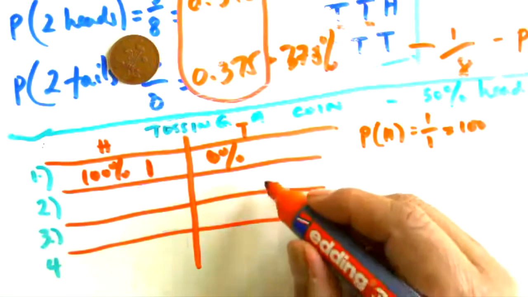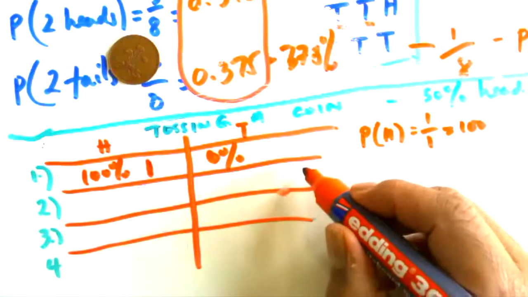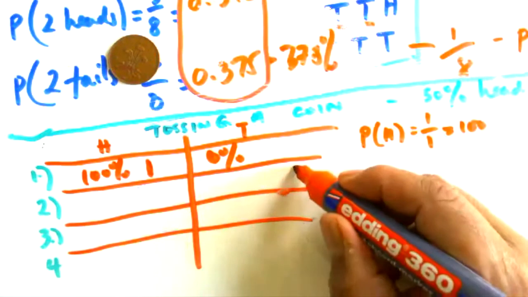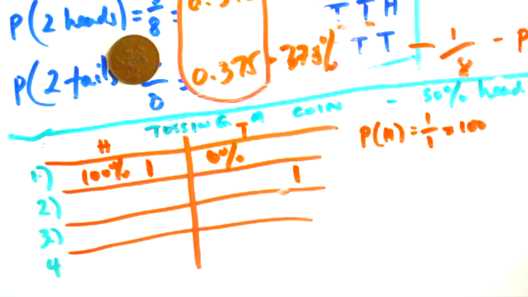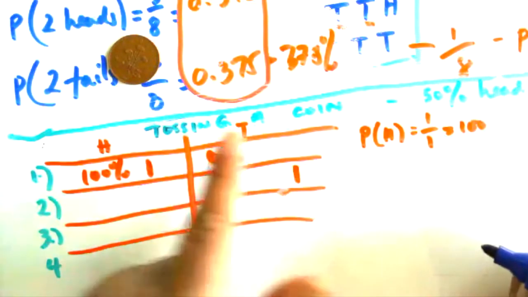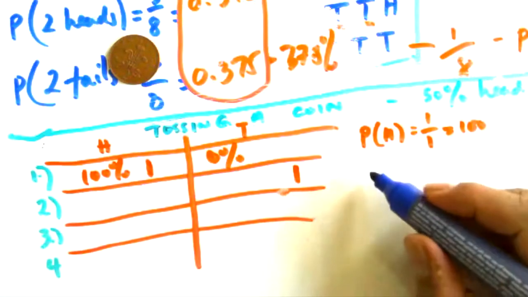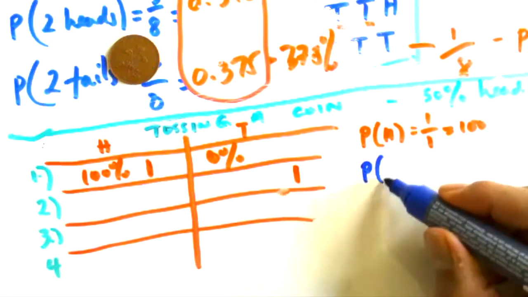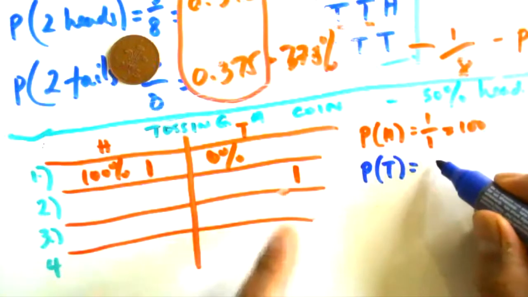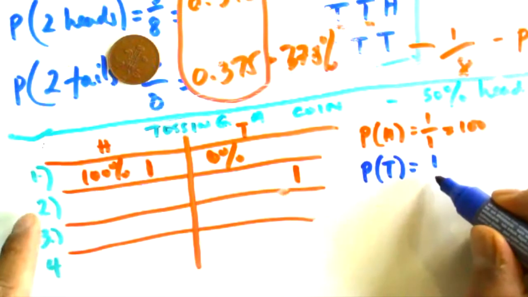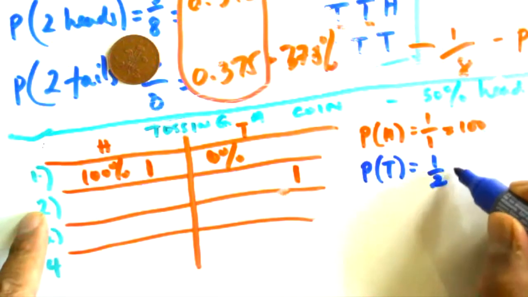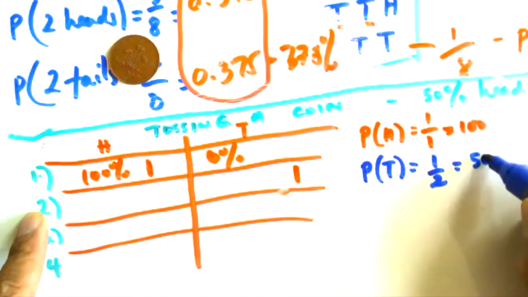Now, when you throw it again, it's tails. So you mark that in here. And now you calculate the percentage of tails to the total result. The probability that it became a tail was 1 out of 2 throws.